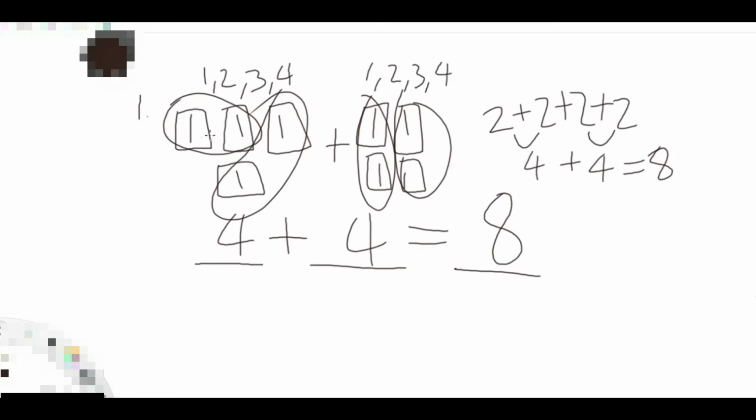You could split 4 into groups of 2. In one long oval, there are 2 squares. That's how you could also solve it, and it still equals 8.